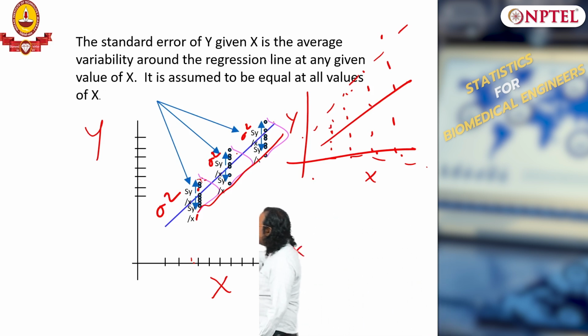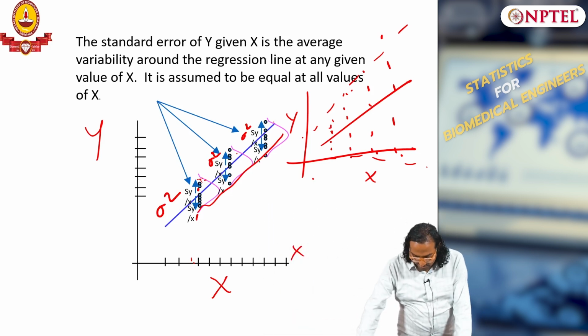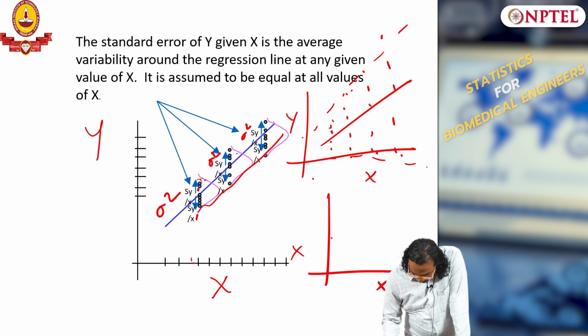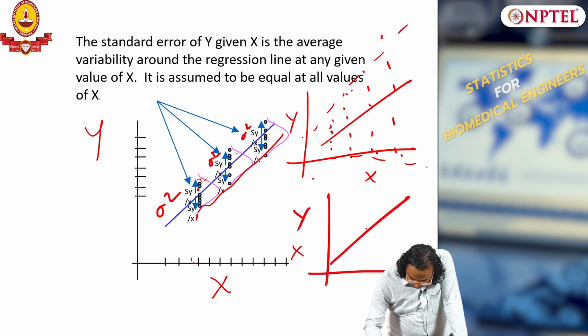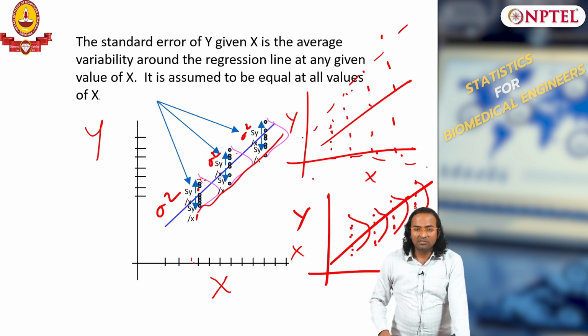So, the variability here, close to this region, is kind of fixed and all of them follow a normal distribution.